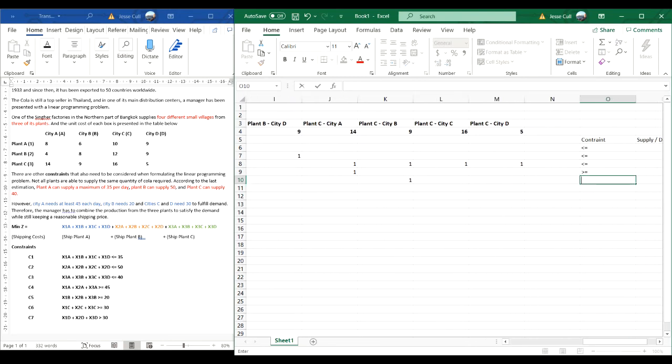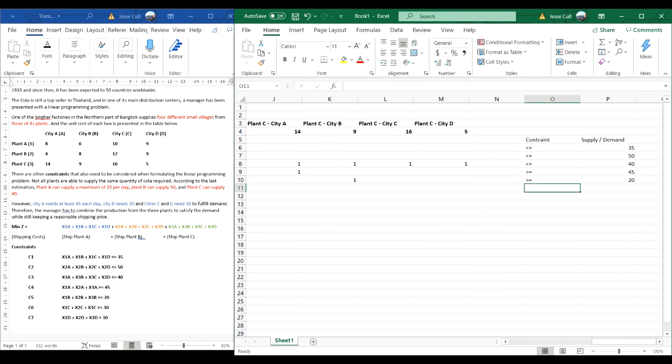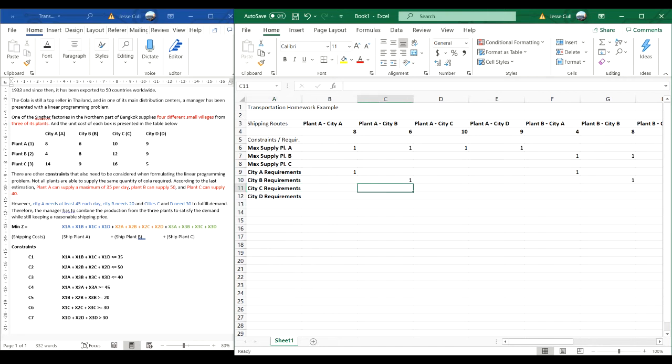Greater than or equal to 20. The last two, we can continue the same pattern.